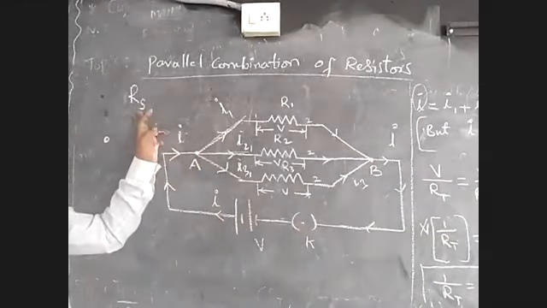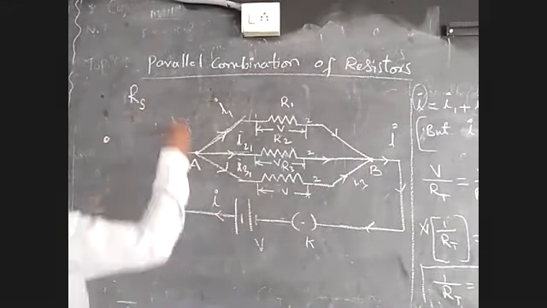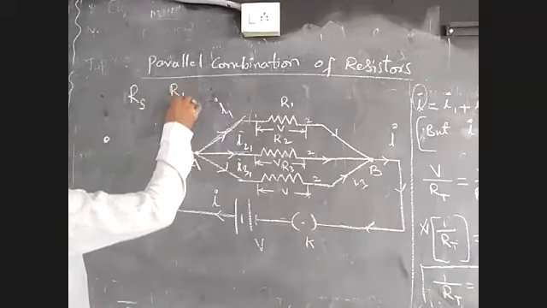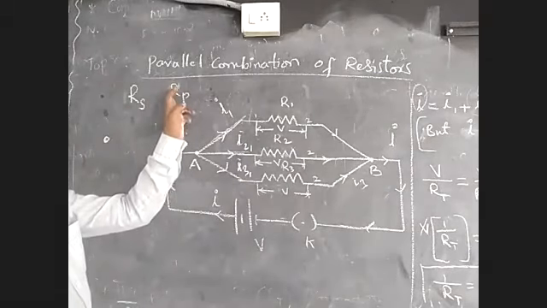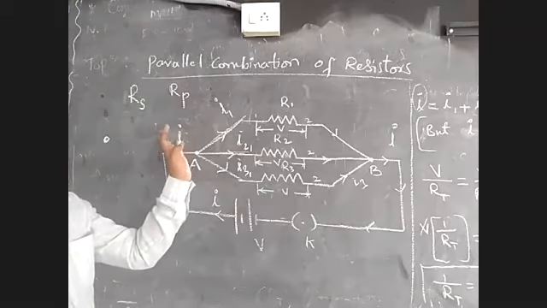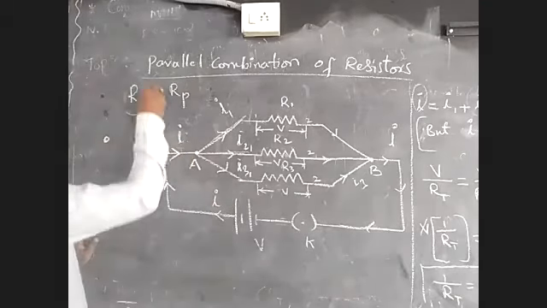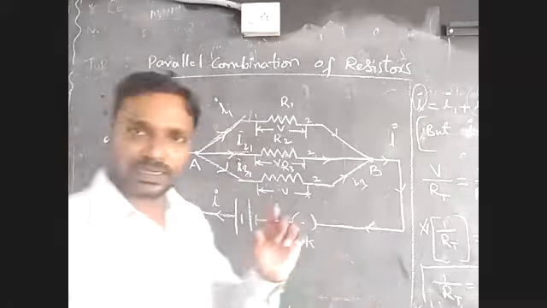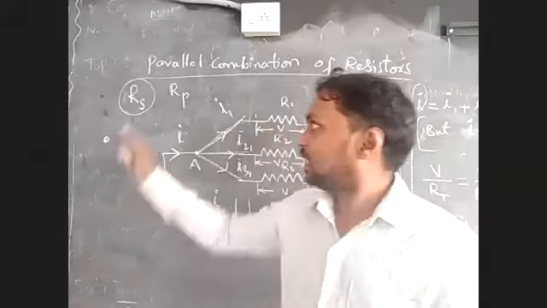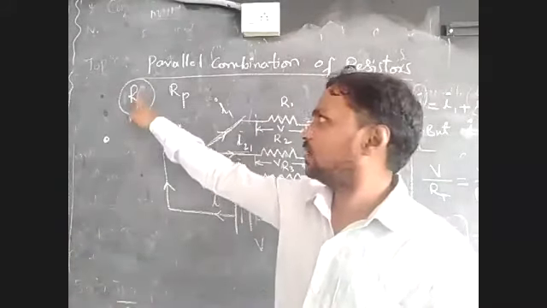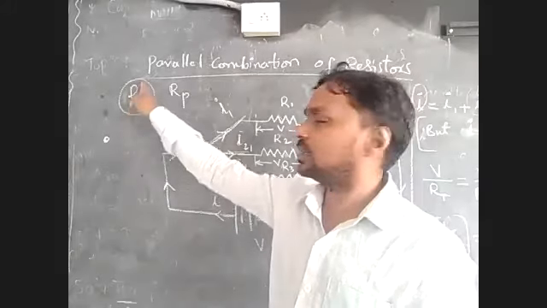So RS is the resultant of the series combination of resistors and RP is the resultant of the parallel combination of resistors. Let us write. R suffix S means the resultant or equivalent resistance of the series combination of resistors.